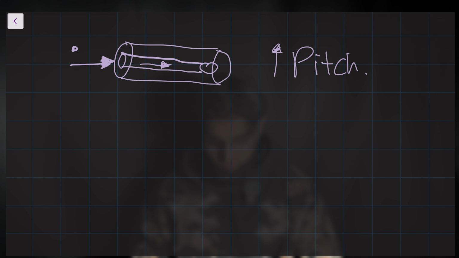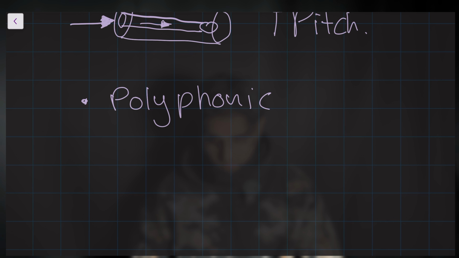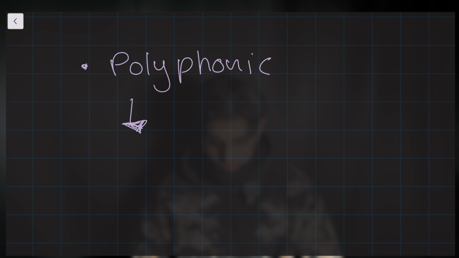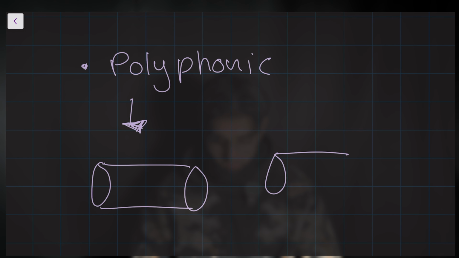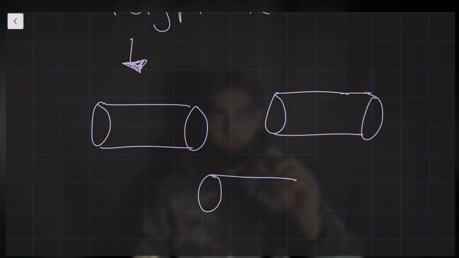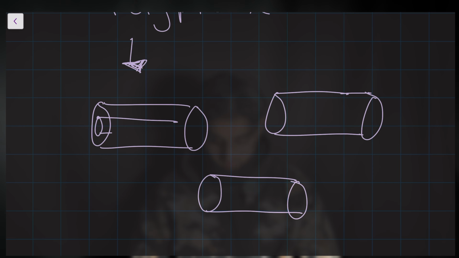Now, if we go back to what the polyphonic and the monophonic means, polyphonic just means that the airways within the lungs, right? So all of the airways within the lower respiratory tract, so the bronchi, they all constrict to varying degrees, okay? So some airways may constrict this much, some may constrict this much, some may constrict just a little.